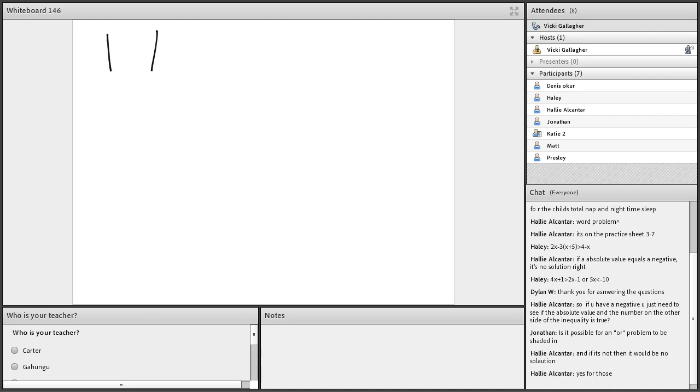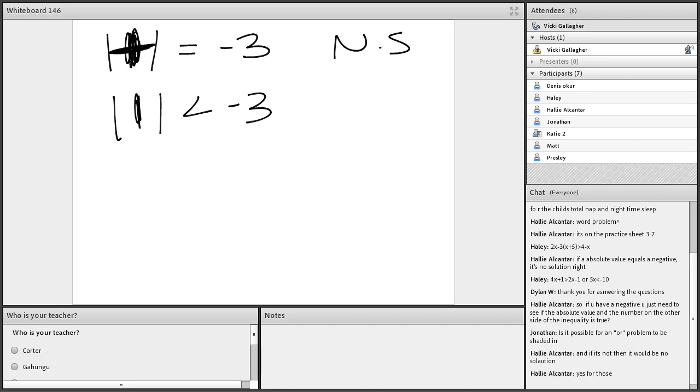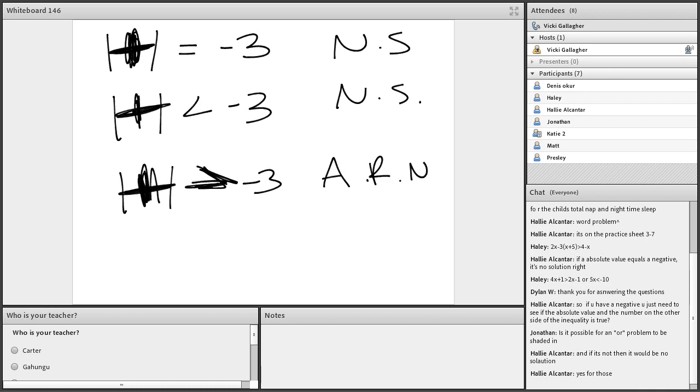An absolute value means this is going to be a positive number. So if we ever say an absolute value equals a negative number, that's bad. That's no solution. Or if you say an absolute value is smaller than a negative, that would be saying a positive is smaller than a negative. That's bad. That's no solution. But if you have an absolute value that's bigger than a negative, that's okay, because positives are always bigger than negatives. So that's the one that would be all real numbers.